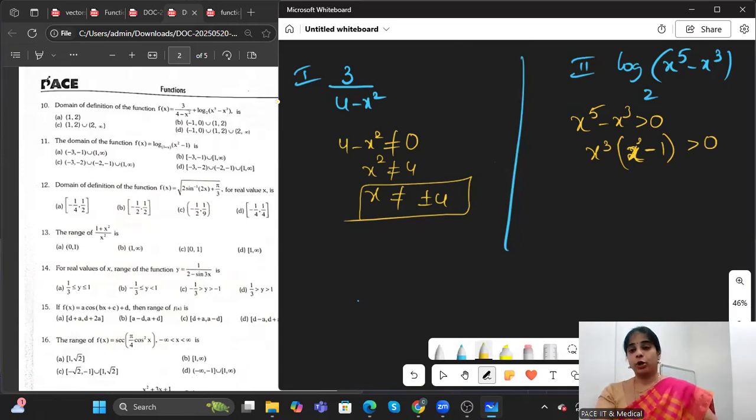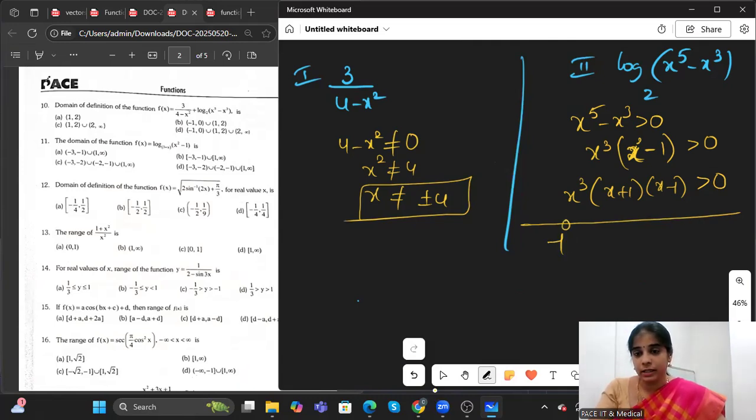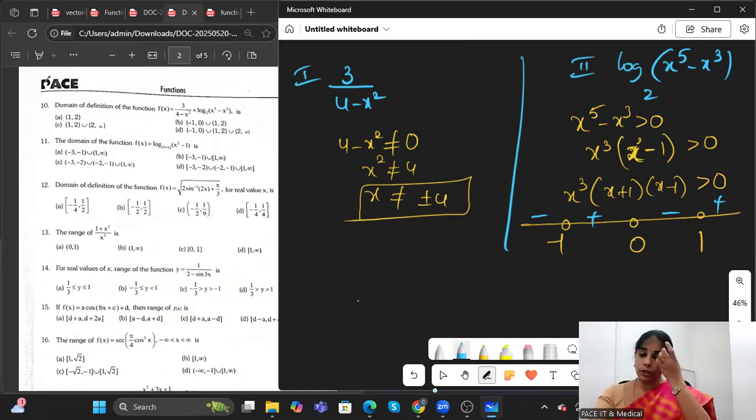So x cube times x plus 1 times x minus 1 is greater than 0. Now take the critical points carefully: x cube is 0, minus 1 and 1. So this is minus 1, 0 and 1, with signs plus, minus, plus and minus, because it is x cube only, an odd function, no problem. Wherever it is greater than 0 is my solution range, strictly greater than 0, not equal to.